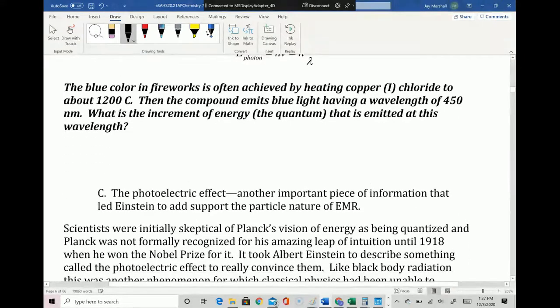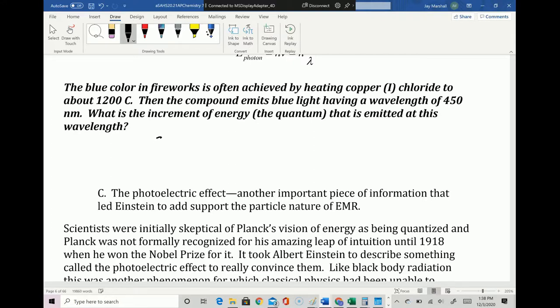So, to put this in action, the blue color in fireworks is often achieved by heating copper chloride to about 1200 degrees Celsius. Then the compound emits blue light having a wavelength of 450 nanometers. What is the increment of energy, in other words, the quantum that is emitted at this wavelength?